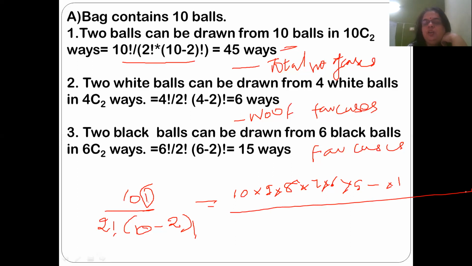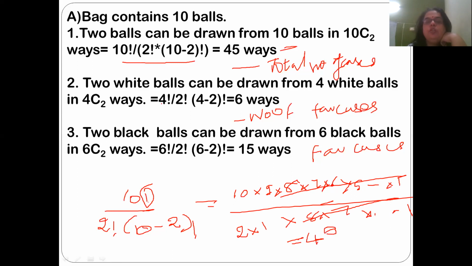That is equivalent to 2 into 1 into 8 into 7 and so on till 1. When we divide this, we just cancel this out. That is equal to 10 into 9 by 2 into 1, which is equivalent to 45 different ways.